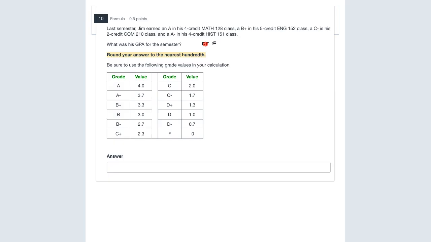There is a 4-credit math class, a 5-credit English class, a 2-credit comm class, and a 4-credit history class. That is, 4 and 5 is 9, 10, 11, and this is 15 credits. Okay? So that's going to be our denominator in our GPA calculation.